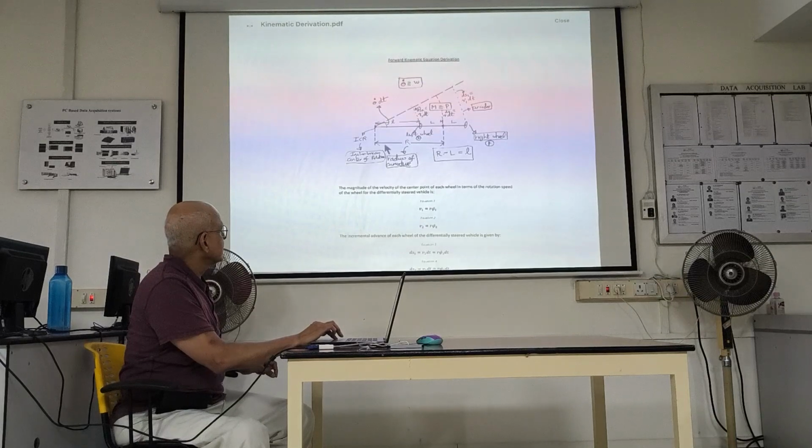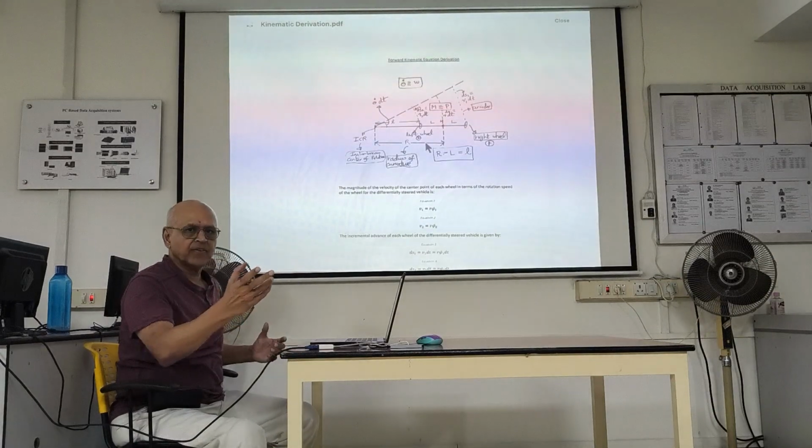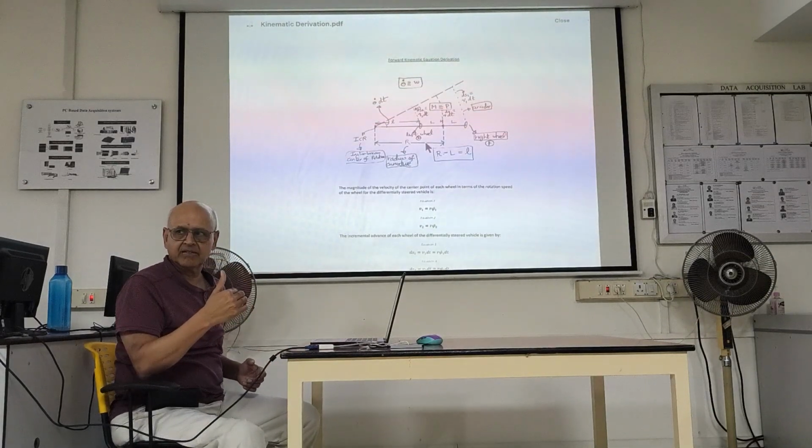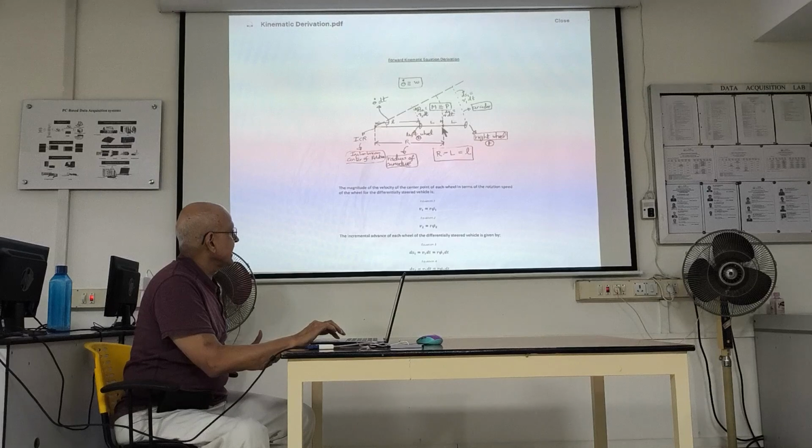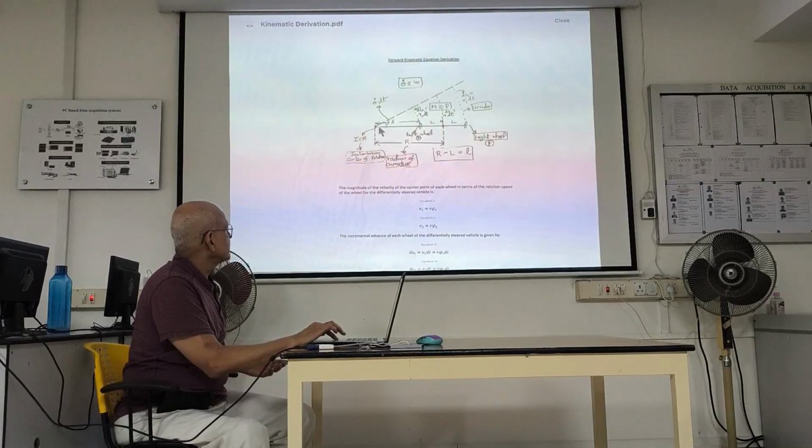So this is R, the radius of curvature, the one we calculated as V by omega. Here is L, half the track, here is the other half of the track. So the distance between this and this is R plus L. The distance between this and the left wheel is R minus L.